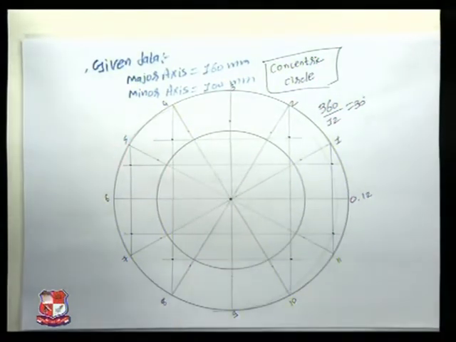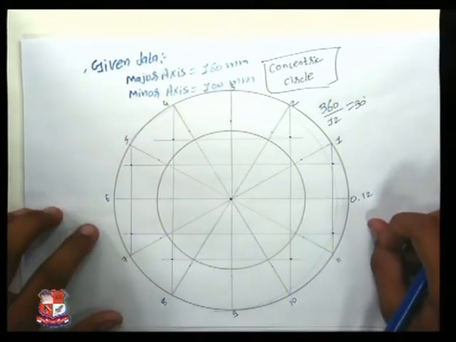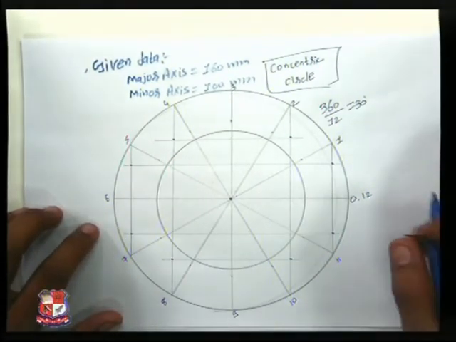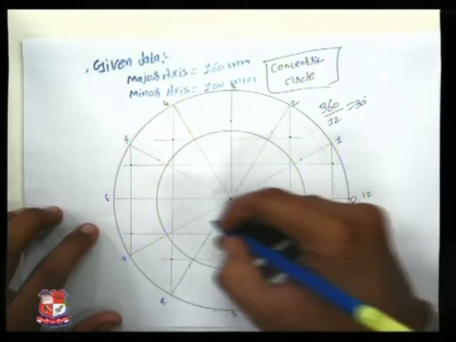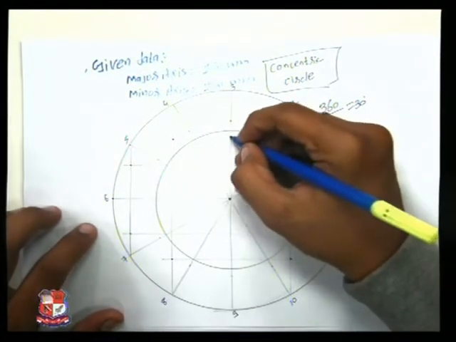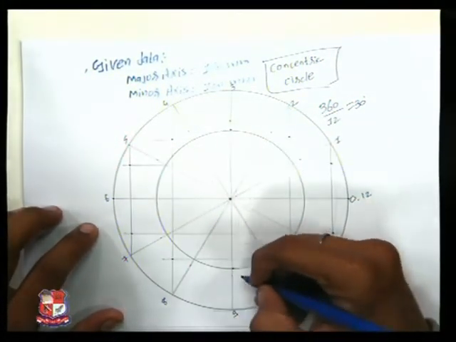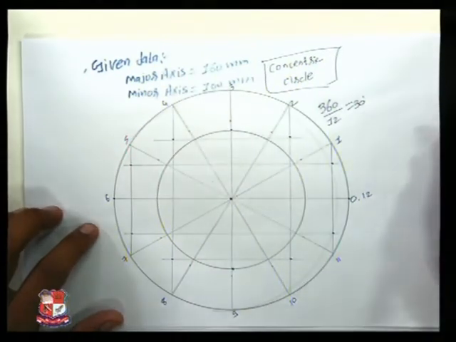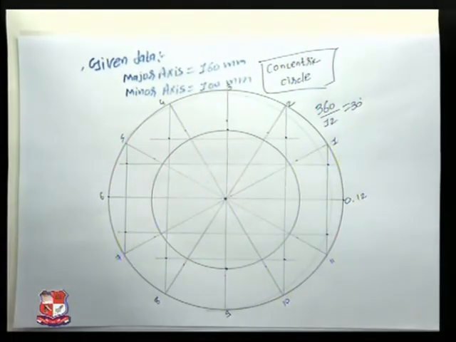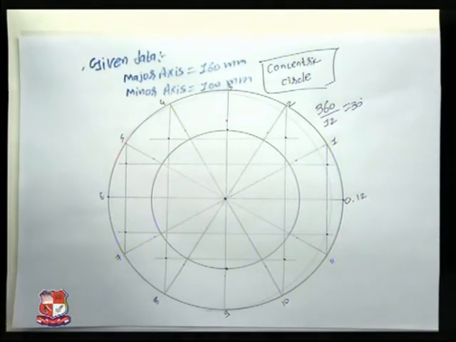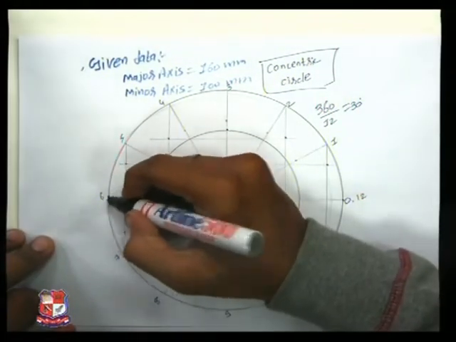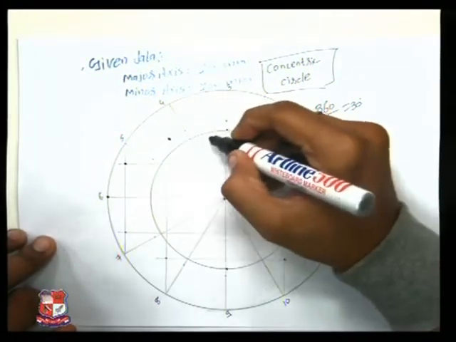Now as we need to follow the minor axis and major axis also, we will consider those points too. We have got all the points which we need to draw by French curve.